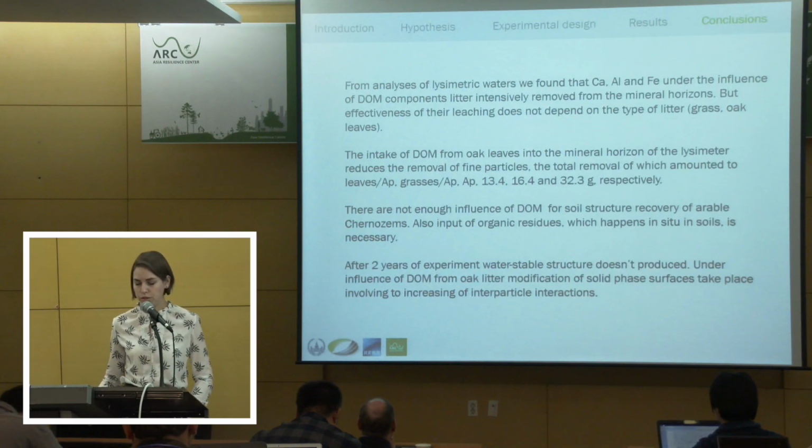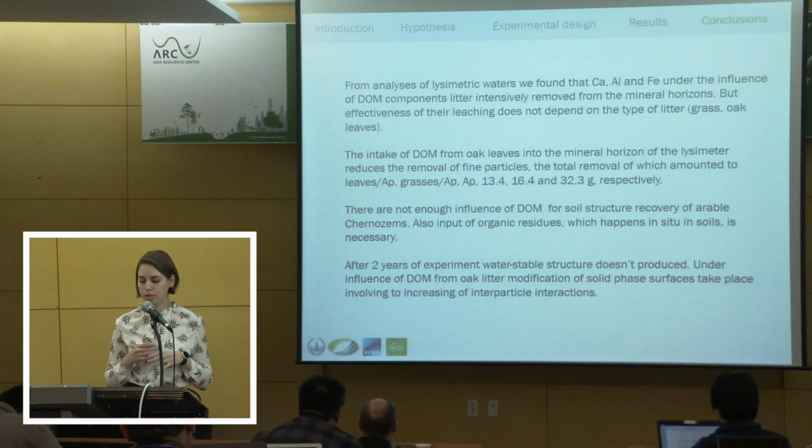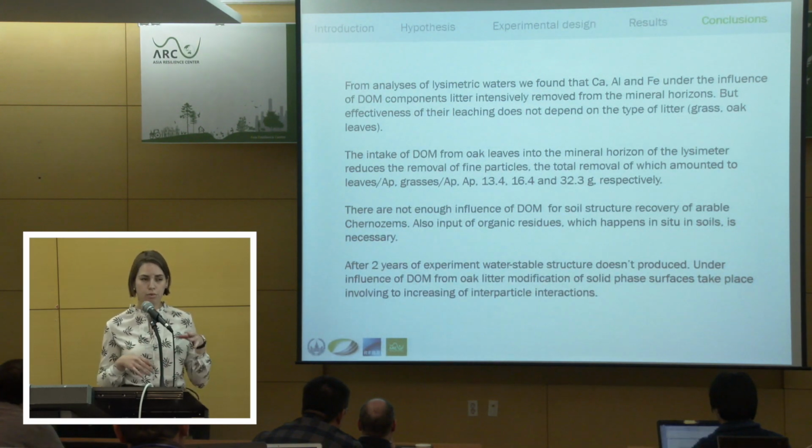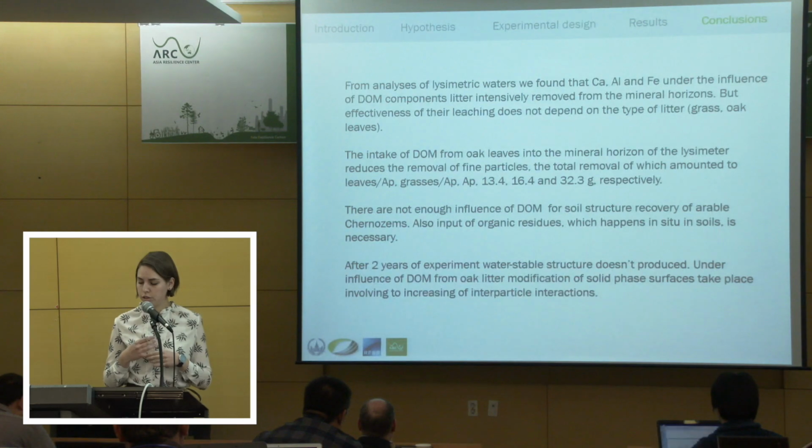So some conclusions of our study are that the effectiveness of leaching doesn't depend on the type of litter, and that dissolved organic matter from oak leaves into the lower horizons reduces the removal of fine particles. There is not enough influence of dissolved organic matter for structure recovery of arable chernozems, because input of organic residues is also necessary.